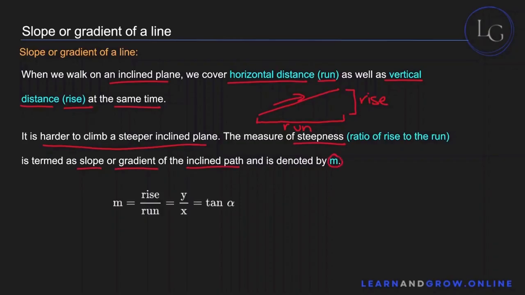And it can be found by the ratio of the rise to the run, rise being the y value or the vertical value you cover, and the run being the horizontal value or the x value that you cover, right? So y over x as well. And it is basically also the tangent of the inclination alpha. And let's see what that really means.